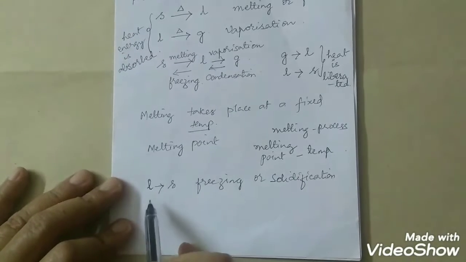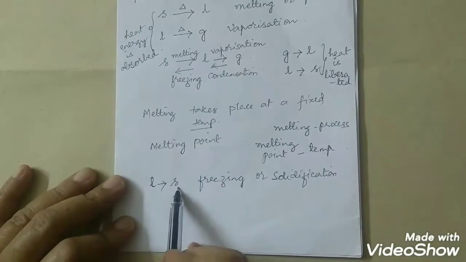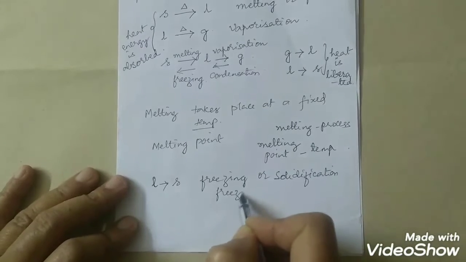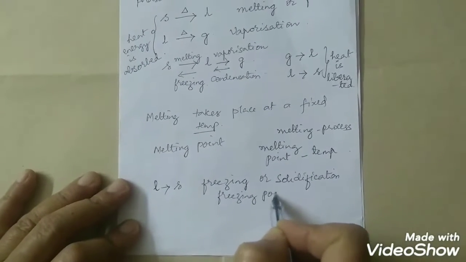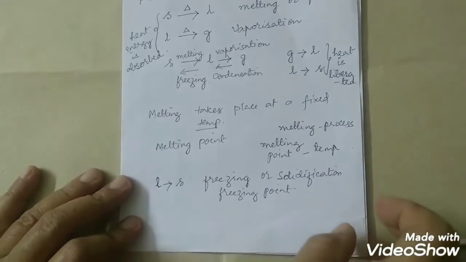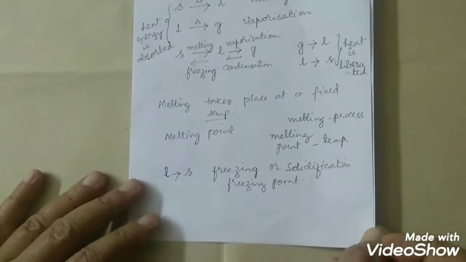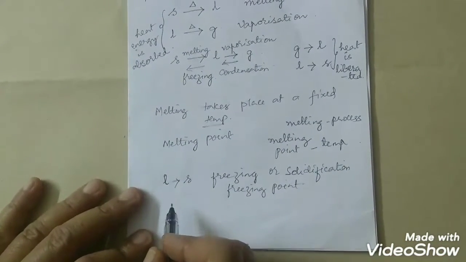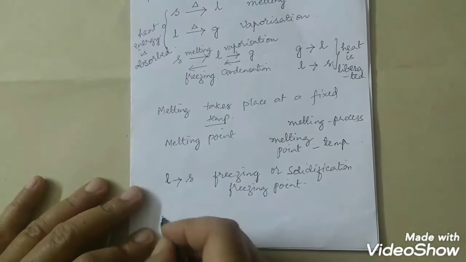The temperature at which a liquid gets converted to solid is called freezing point or solidification point. For pure substances, the melting point and freezing point are identical.